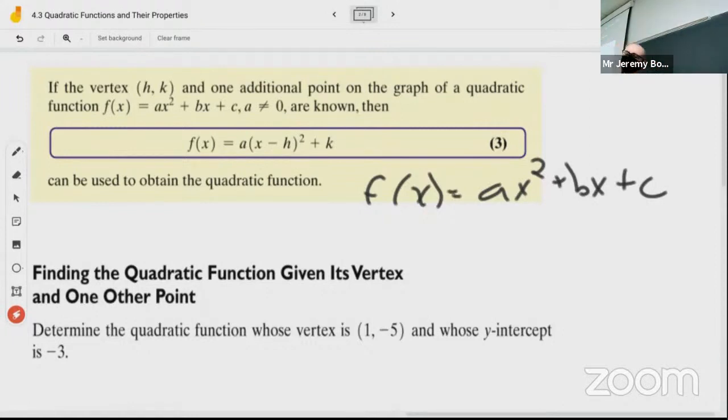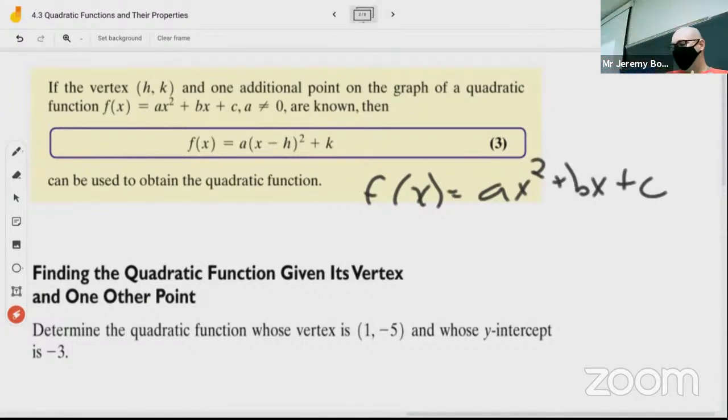And so the concept about finding the quadratic function from these values and using this form can be a little bit confusing, but let's talk about it first, and then we'll try an example. And if you have questions after that, let me know.